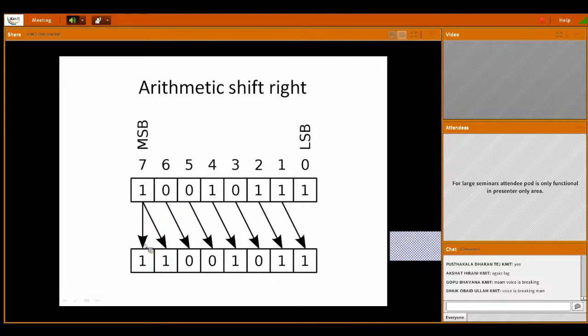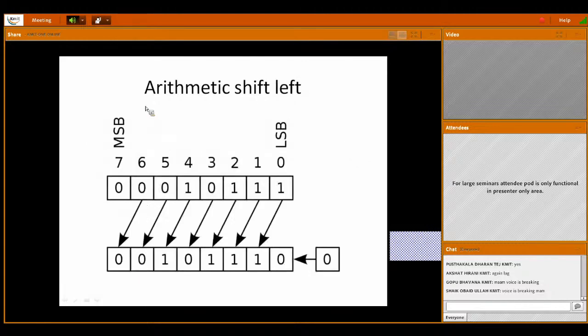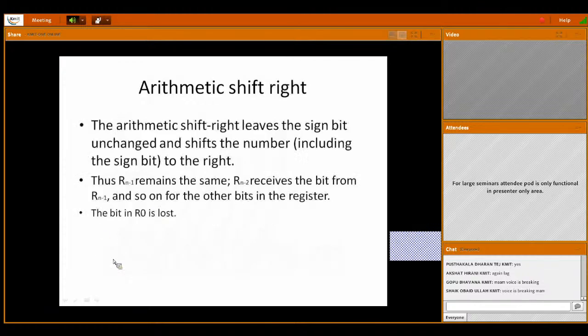If you have a 1 here, you will get 1 here. If you have a 0 here, you will get a 0 here. But this is not the case with arithmetic shift left. In case of arithmetic shift left, if both bit 7 and bit 6 are the same, then you won't get any sign difference. Here also you will get 0. If you have a 1 and 1 here, then you will get a 1 here.